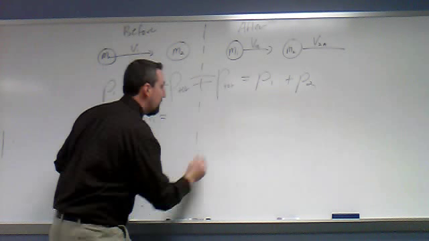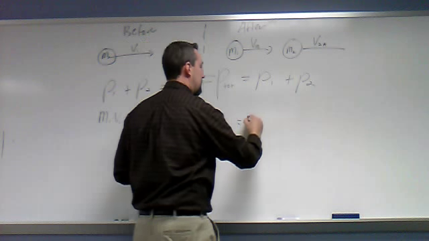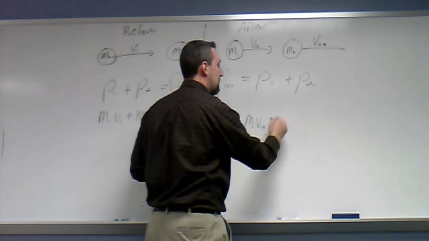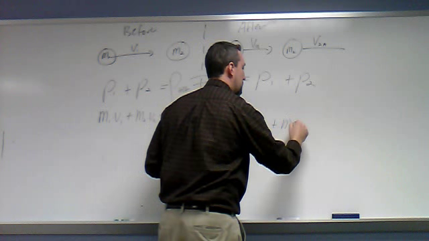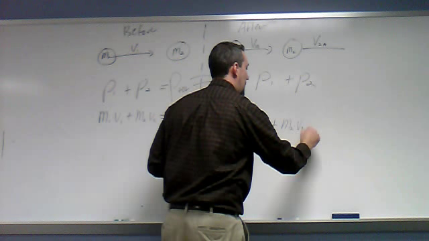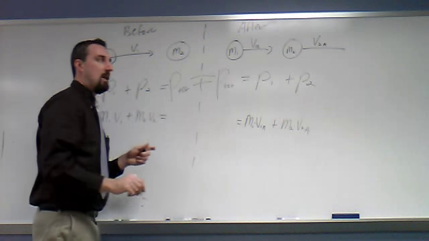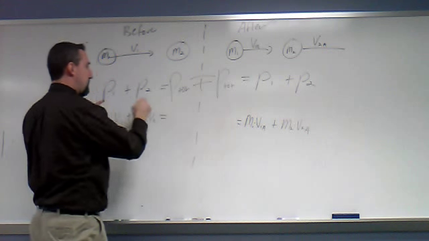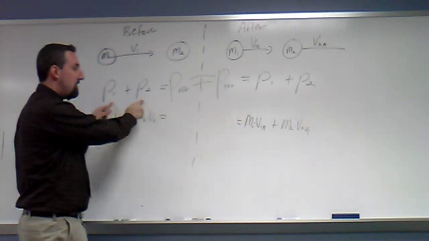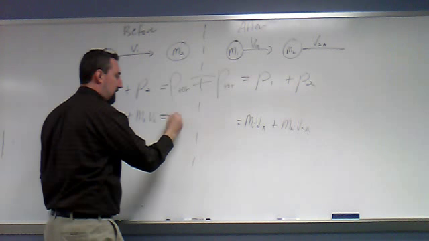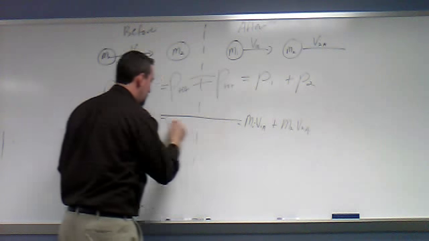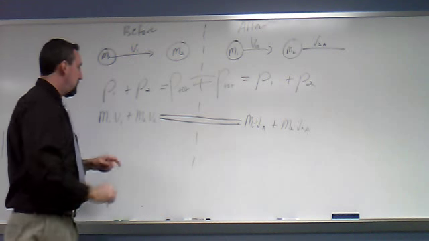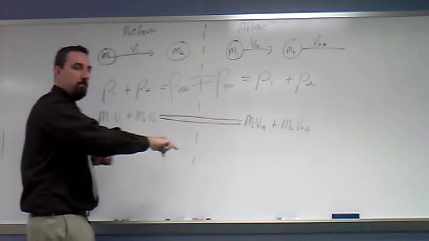On this side, the momentum of object 1 is M1 times V1A plus M2 times V2A. Because the totals on both sides are the same, I can just connect this long equal sign here. Boom. Total momentum equals total momentum.